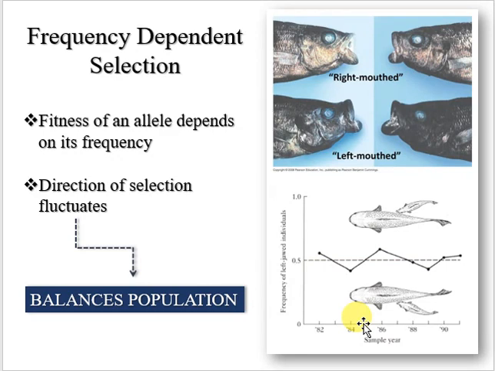Frequency-dependent selection. This is when you have multiple alleles occurring in a population, those phenotypes present, and they're all relatively maintained at equilibrium.